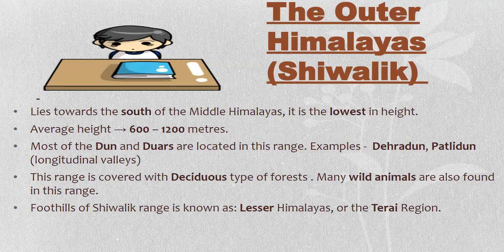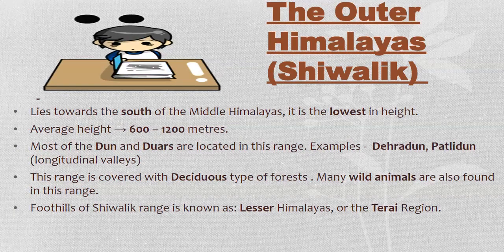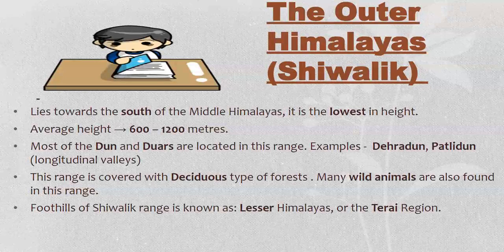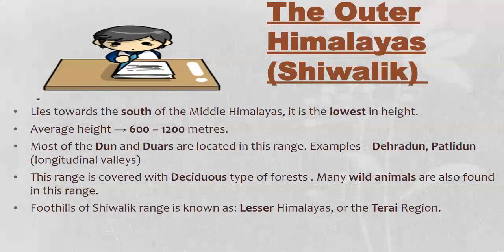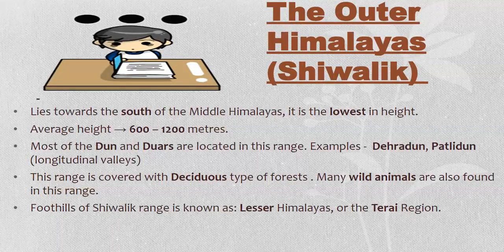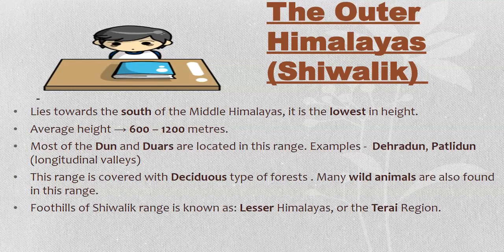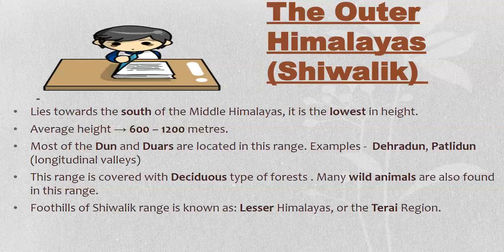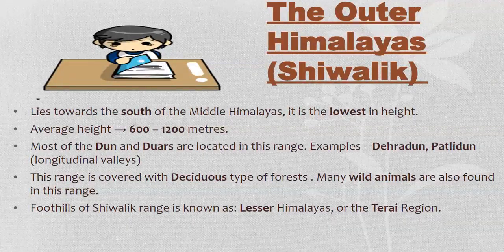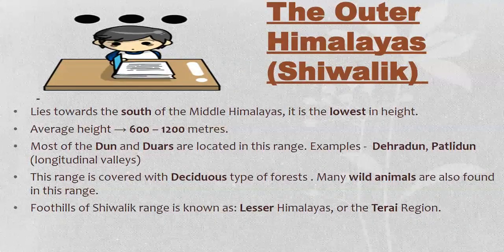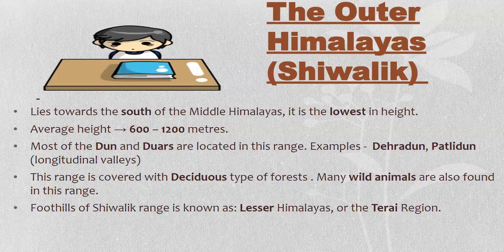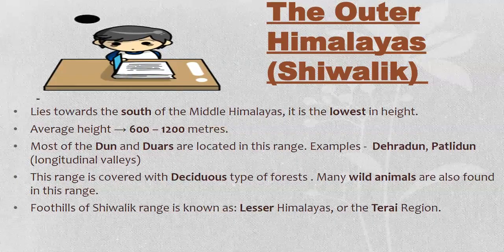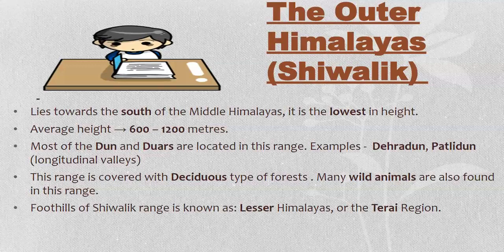Examples are Dehradun, Patlidun, etc., which are also known as longitudinal valleys. This range is covered with deciduous type of forest. Many wild animals are also found in this range. Foothills of Shivalik range is known as Lesser Himalayas or the Terai range.